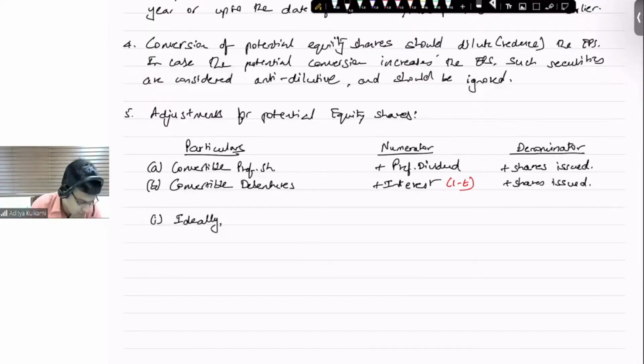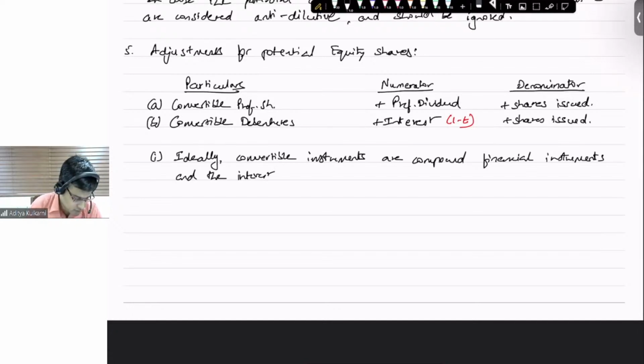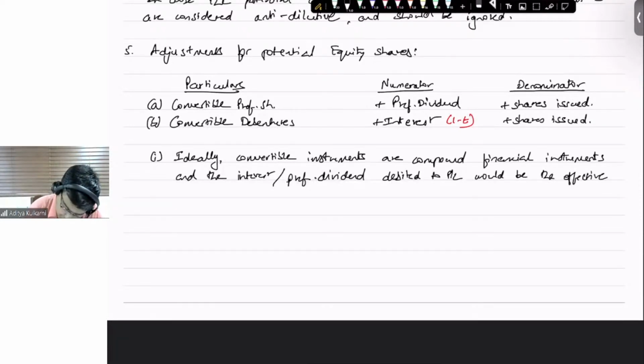Ideally, convertible instruments, compound financial instruments, or preference dividend would be the effective interest. You will study more in financial instruments. Okay.